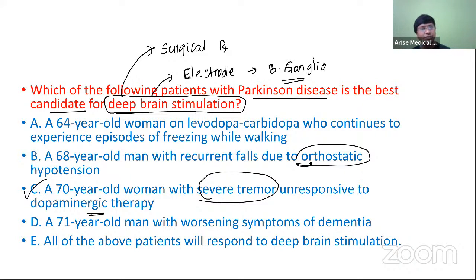So these 3 questions are very, very important questions related to your Parkinsonism. And let me tell you, clinical based questions, every day I'm doing for 1 hour or half an hour.